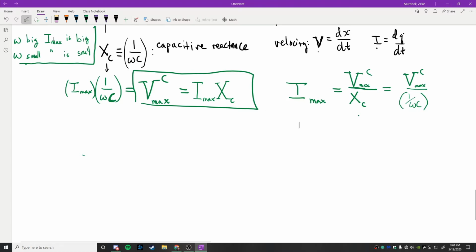If omega is big, if this is a large number, then X sub c becomes a small number, and if X sub c is a small number, then this becomes large. If omega is small, X sub c becomes big, and if X sub c is big, then Imax is going to be small. Yeah, that's right.